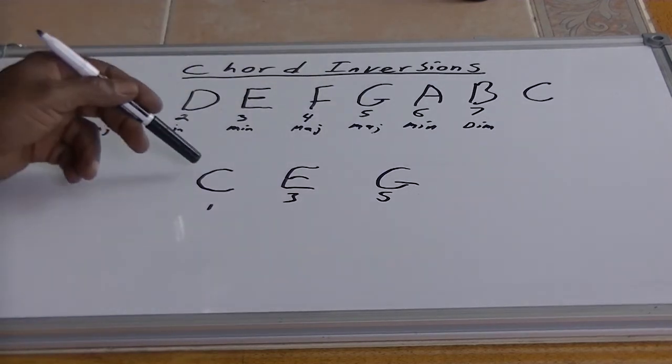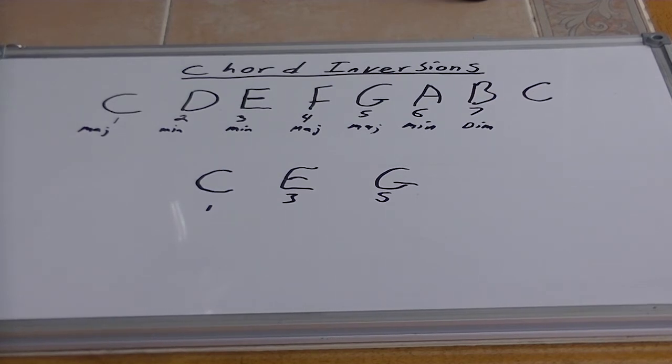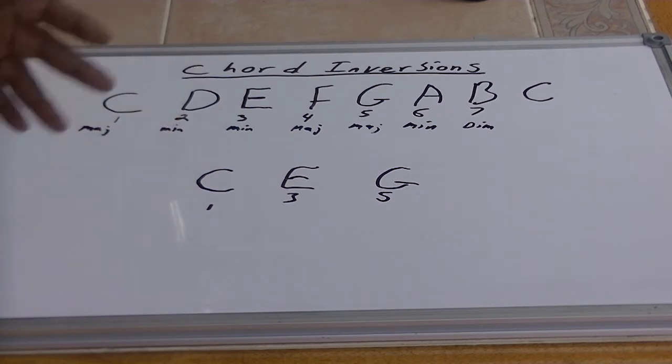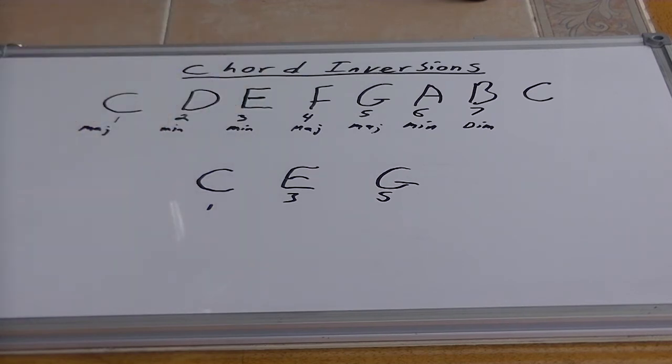C is our root note, and our root note is the lowest note of the chord. Sometimes the lowest note of the chord could be referred to as being the note that's in the bass. So if I were to use that terminology, C is in the bass of this chord, so to speak, because it's the lowest note of the chord.